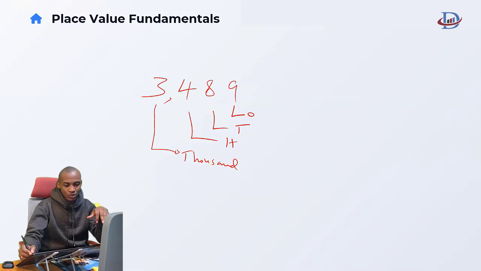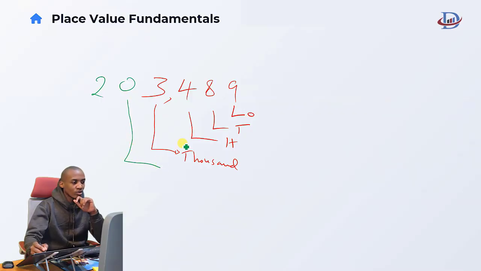But from that number, if I add another digits over here, maybe 0 and 2, then the place value for this one will be what? It will be tens, remember, ones, tens, and hundreds. Again we move forward.